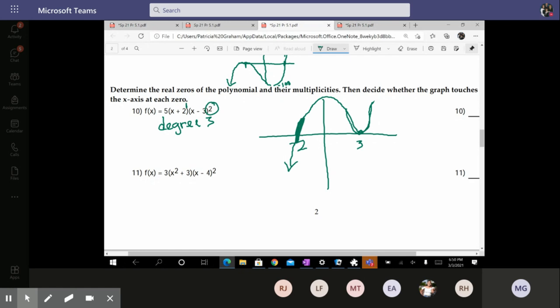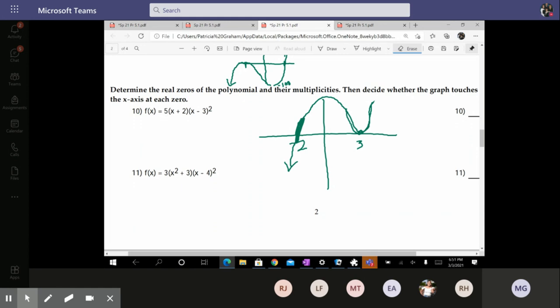How did you find the degree? If I FOIL that all out, I'm going to do x times x here, right? And that's going to get me an x squared. And I'm also going to do times another x here, so that's going to give me x to the 3rd.